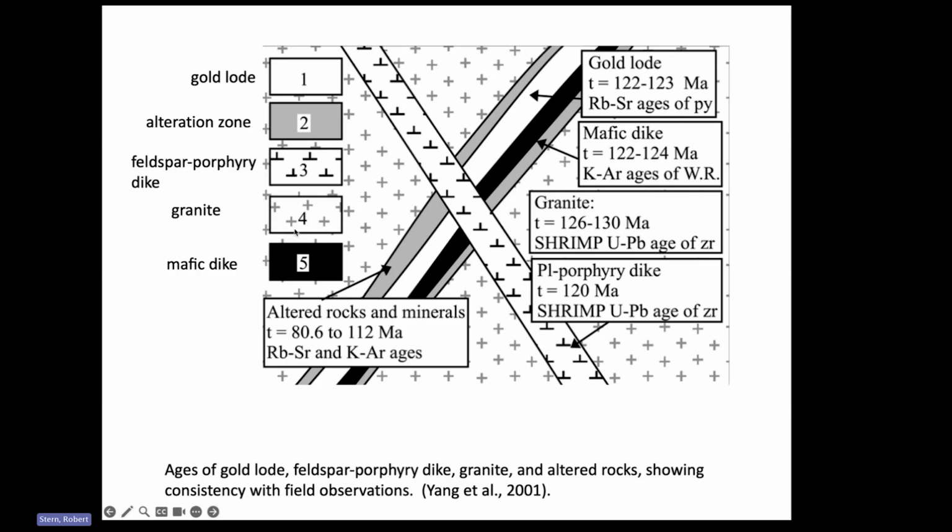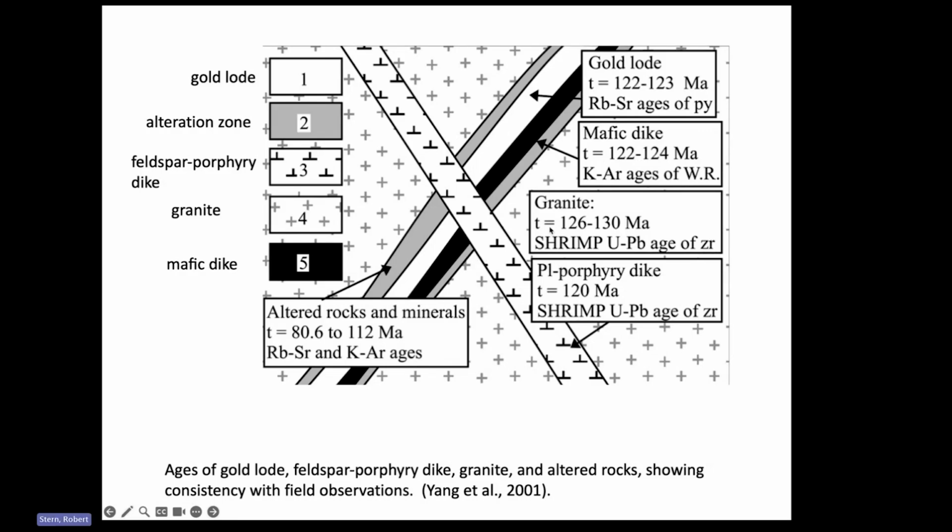And then there's the granite that's sort of hosting it, and the mafic dike that's sort of paralleling it. So you would think that the granite, because it's being intruded by the mineralized zone, is the oldest, and that this cross-cutting feldspar porphyry dike should be the youngest.